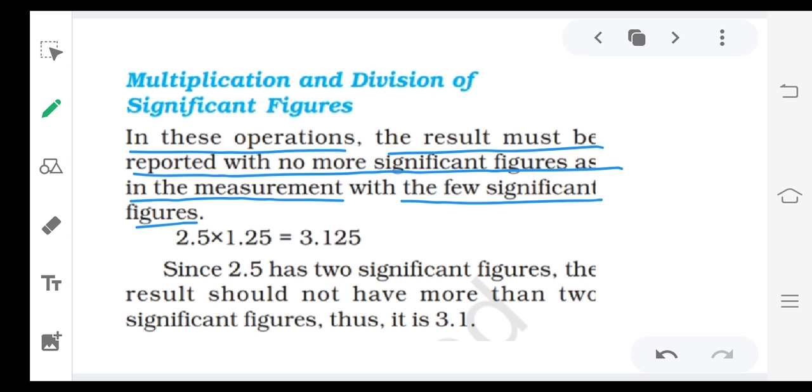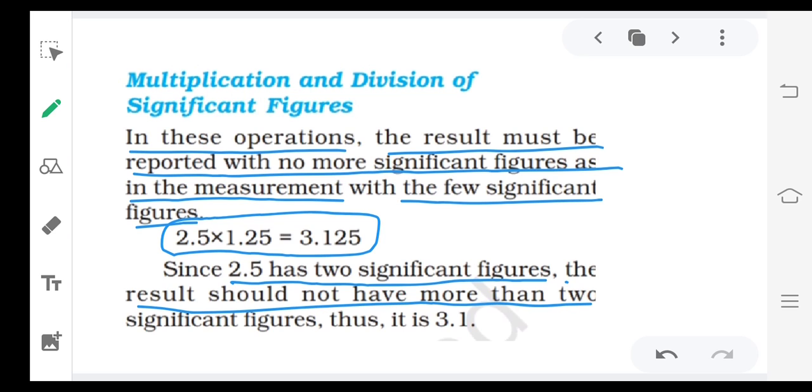We are multiplying two numbers, 2.5 and 1.25. Among 2.5 and 1.25, which number has the least number of significant figures? The result also must contain that many significant figures. That is the rule. Since 2.5 has 2 significant figures, the result should not have more than 2 significant figures.